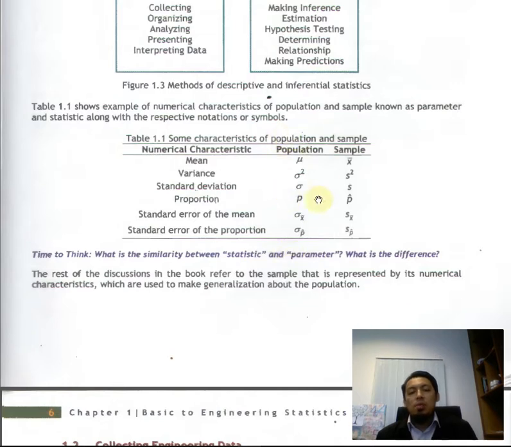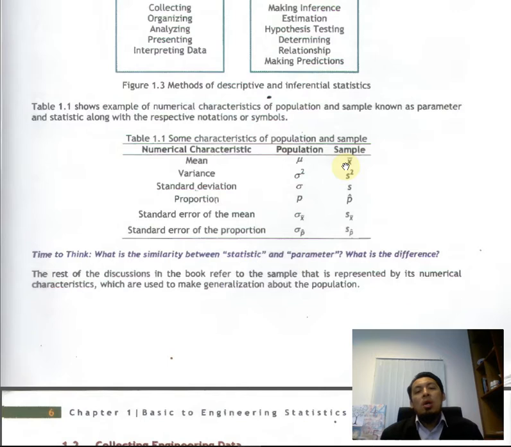So this is the notation for parameter. The mean for population data is denoted as mu, and the mean for sample data is denoted as X bar. Why is this important? Because later in statistics, usually we are going to use notation like this.